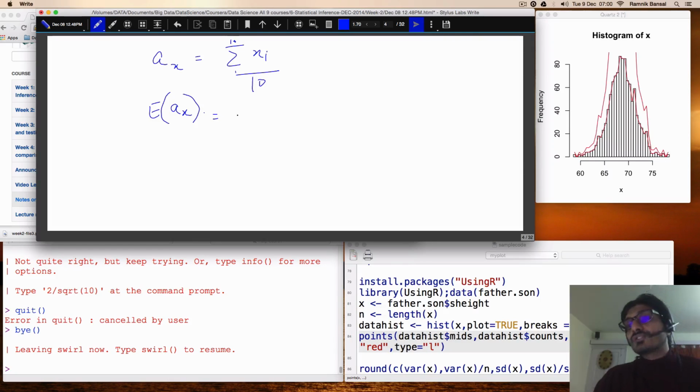We have seen earlier that it would be equal to mu, because we expect that is what the randomness concept would give me when I pull out the 10 data points. So this expected value is mu and not this actual value. This is the concept. But in reality, we only have A of x, which is what we can compute. And then we have mu. We may be able to compute it, we may not be able to.